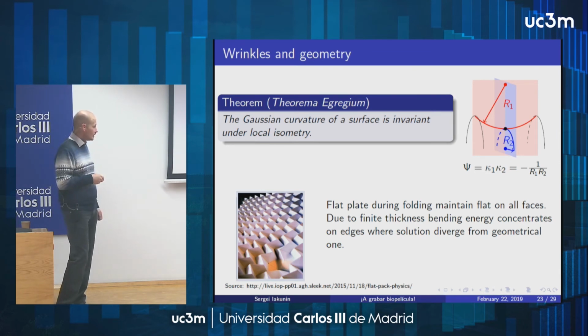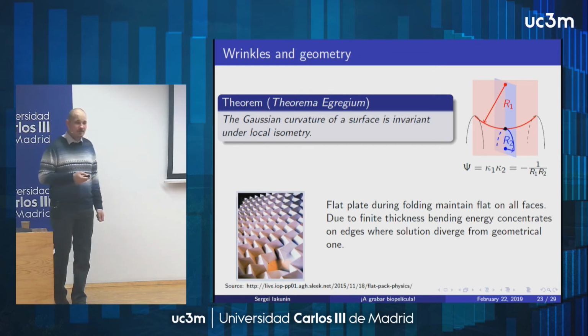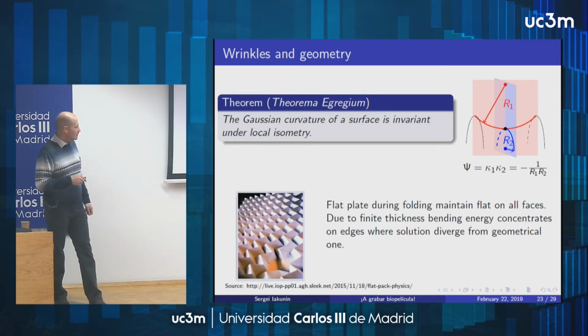It can be seen, for example, in origami, that if we fold a sheet of paper, then of course it's not flat, but in each face it's still flat. And the curvature is different from 0 only in very small regions of bending, of folds.